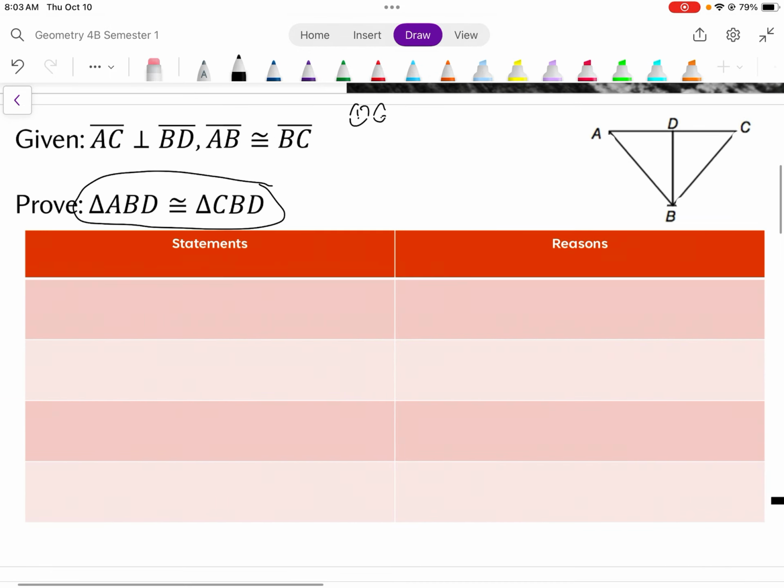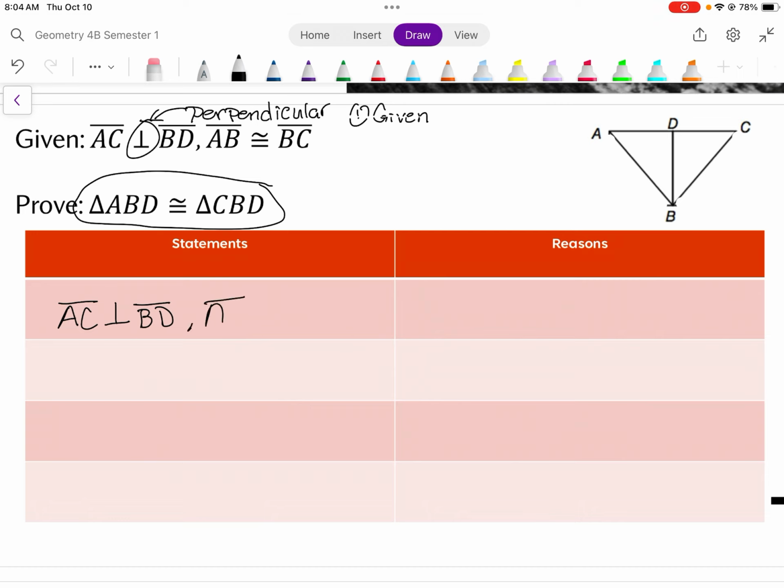So just like before, we'll start with our given. And this one, they told us that AC is perpendicular to BD. So remember, this sign here means perpendicular. They also told us AB is congruent to BC.